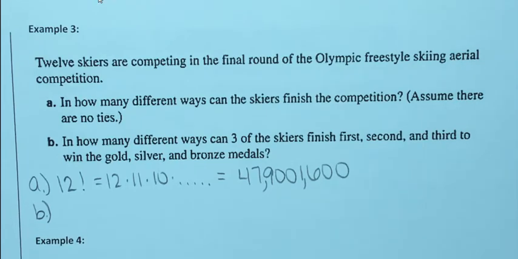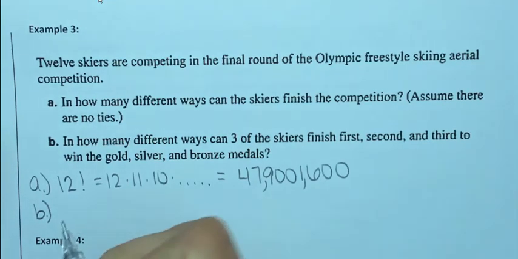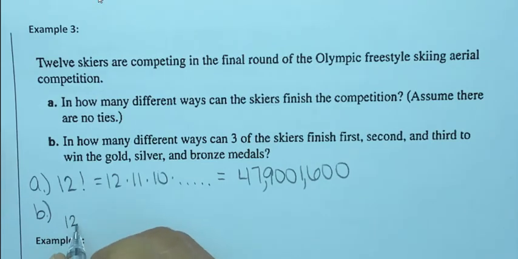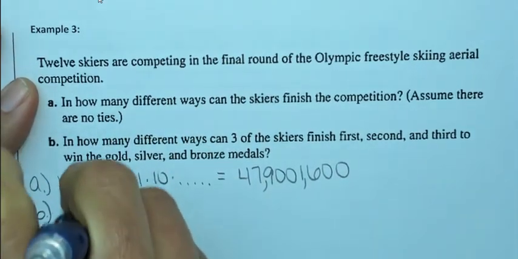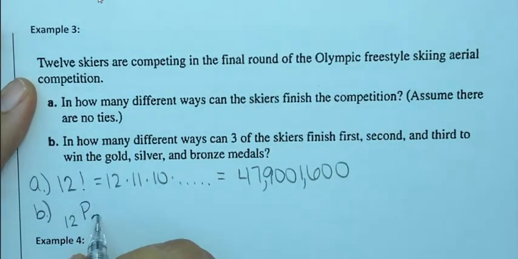We don't care about the order that they're coming in. Anybody can finish first, anybody can finish second, anybody can finish third. We just want to know how many different ways that can be ordered. So I've got 12 things, and I just want to choose 3 of them. I just said 3, I just wrote 4.